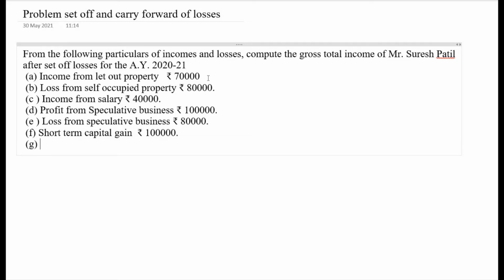Then short-term capital loss rupees 1,20,000. Long-term capital gain rupees 90,000.